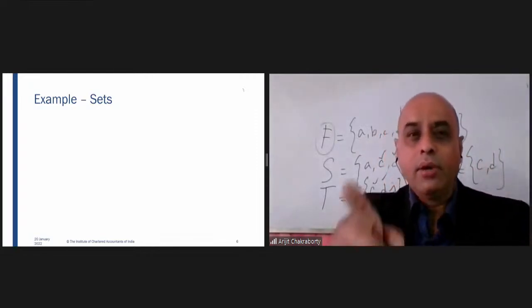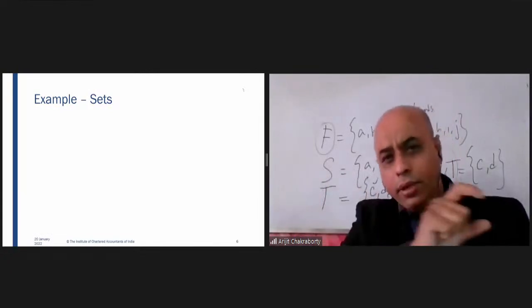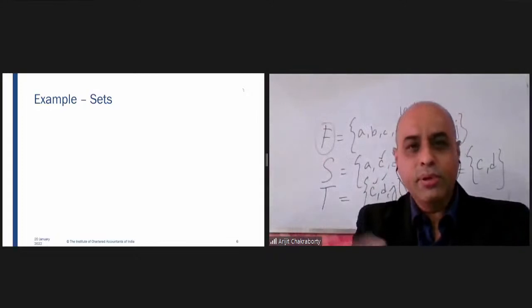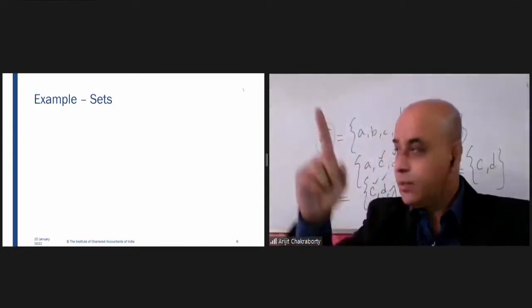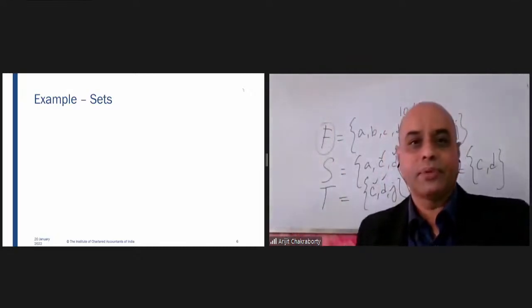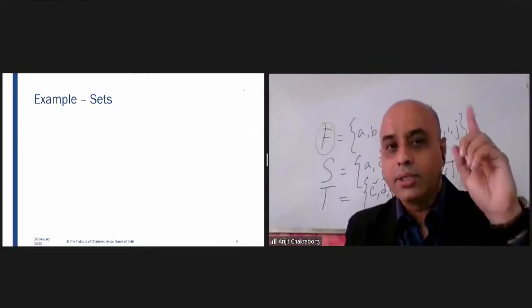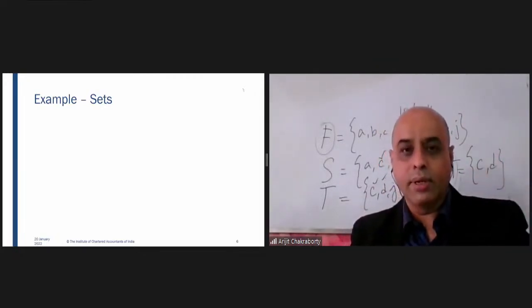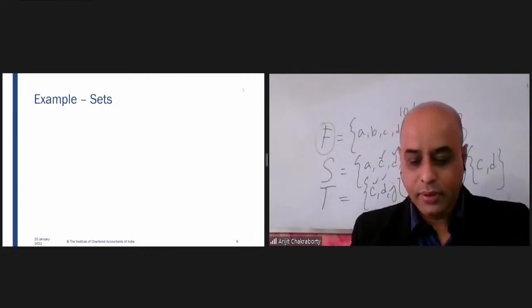For example, we took the case of even numbers and odd numbers. I wrote a very long even number, but everyone quickly gave the correct answer. They said yes, this will be a member of the set. Why could you do it? Because the rule is, any even number should be divisible by 2. So this is well defined.